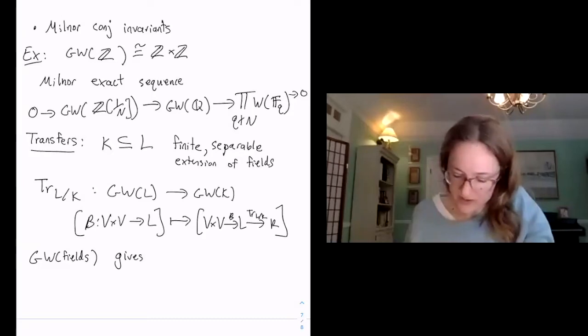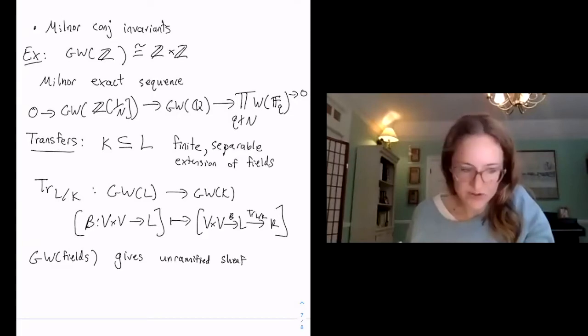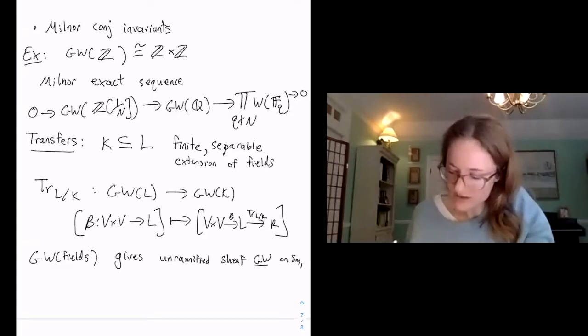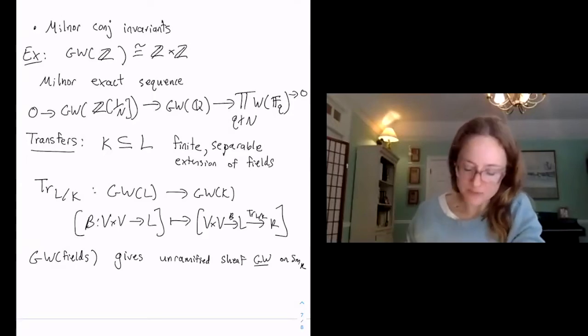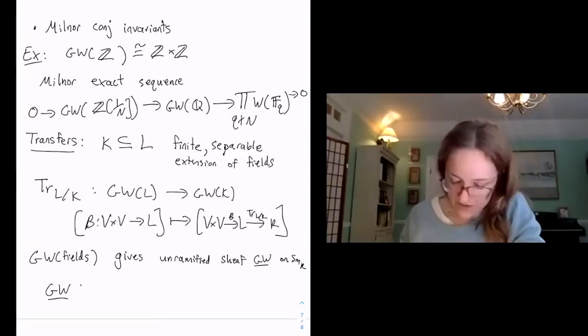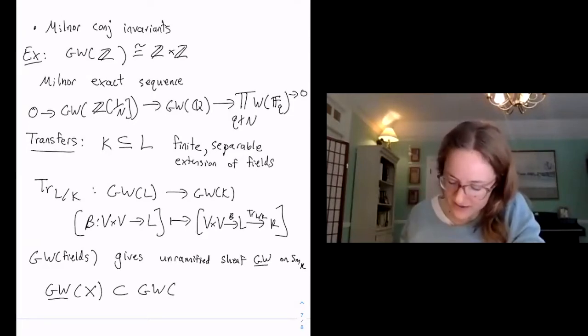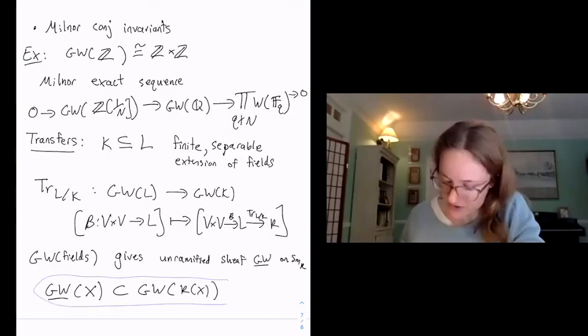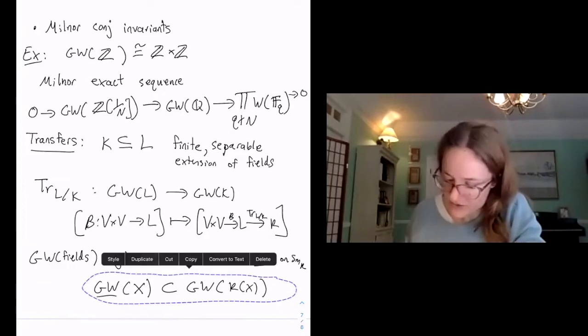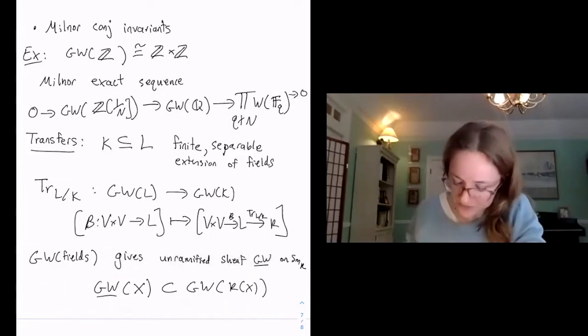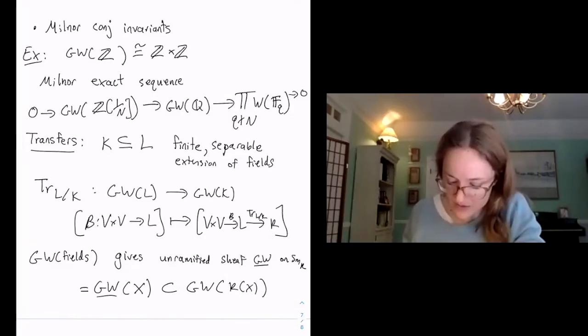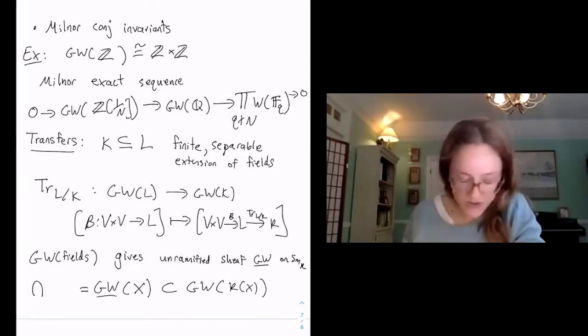So it gives an unramified sheaf GW, say on smooth schemes over K. And the sections over X are inside the sections on K(X), the field of functions of X. And you can extend over any closed subset of codimension at least 2. It's given by the intersection of kernels of certain boundary maps for codimension 1 points.